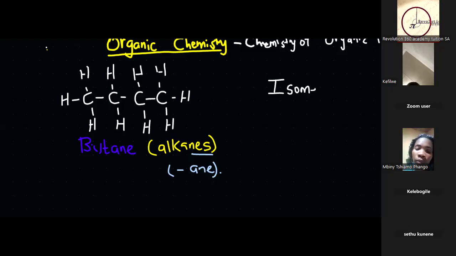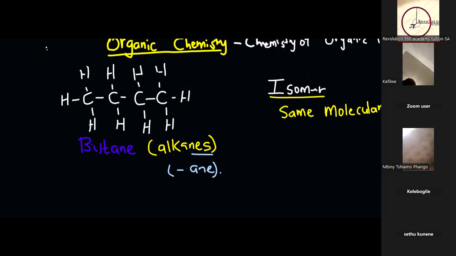So an isomer must have the same molecular formula, but different structural formula.